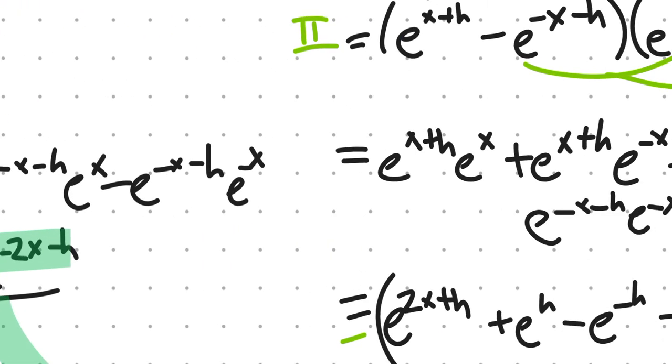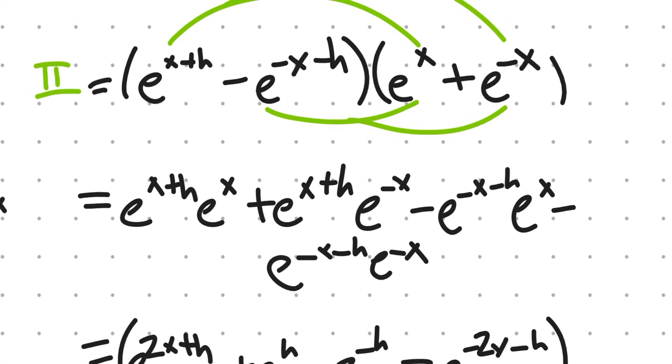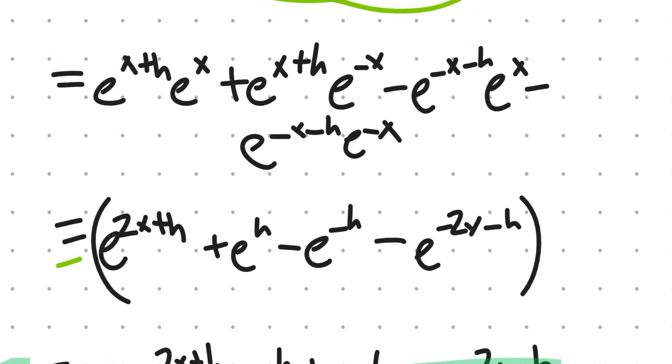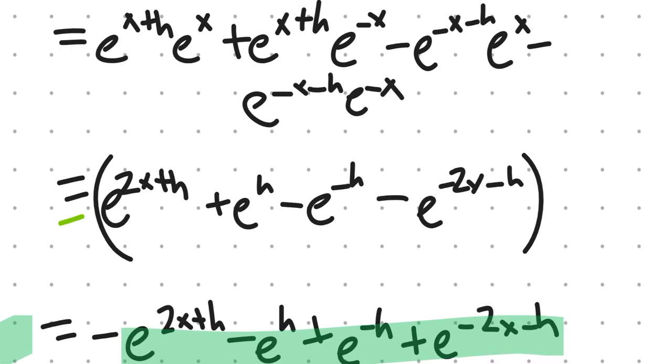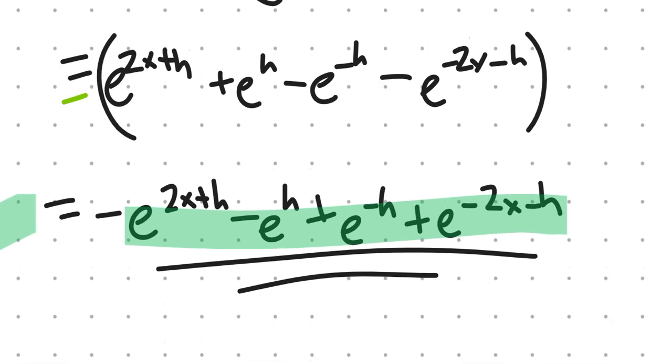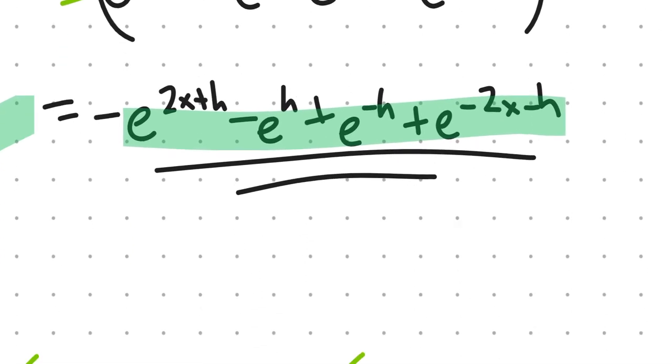For the second, distributing those two parentheses, we get minus e to the 2x plus h. The minus sign is from the limit definition, and then we have plus e to the h minus e to the negative h minus e to the negative 2x minus h. If we distribute the minus sign again, we have negative e to the 2x plus h, negative e to the h plus e to the negative h plus e to the negative 2x minus h.